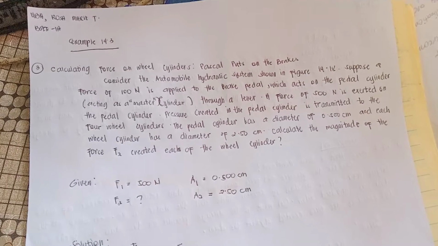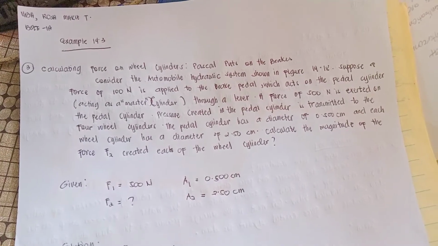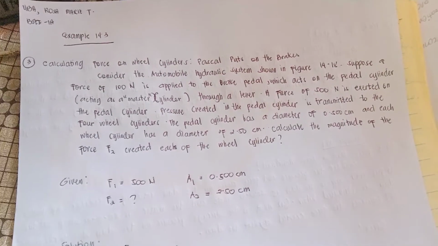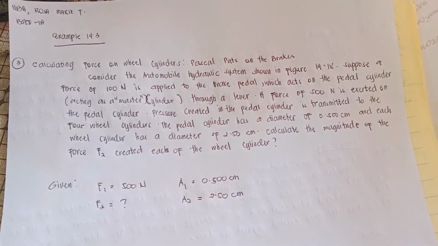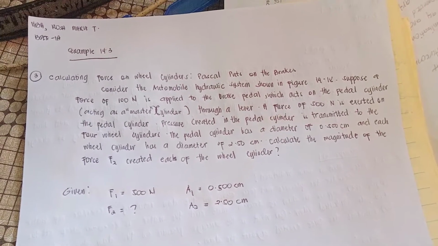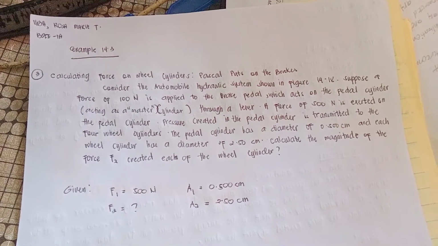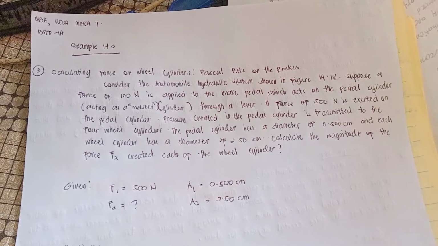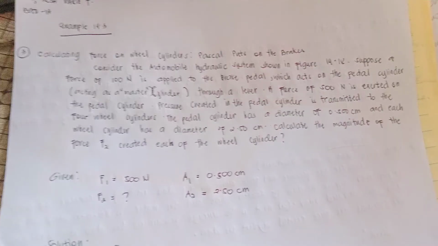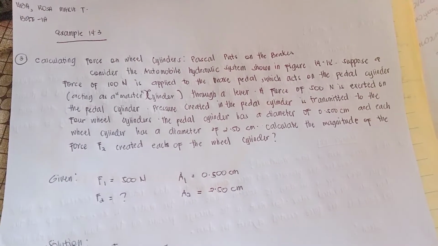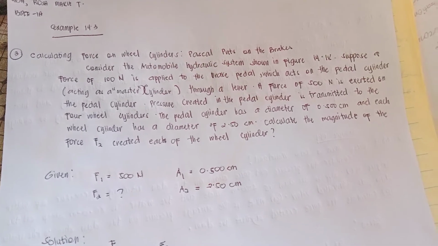So let's proceed to the problem set number 3, example 14.3. Calculating force on wheel cylinders, Pascal's principle on the brakes. Consider the automobile hydraulic system shown in figure 14.18. Suppose a force of 100 Newton is applied to the brake pedal, which acts on the pedal cylinder acting as a master cylinder.